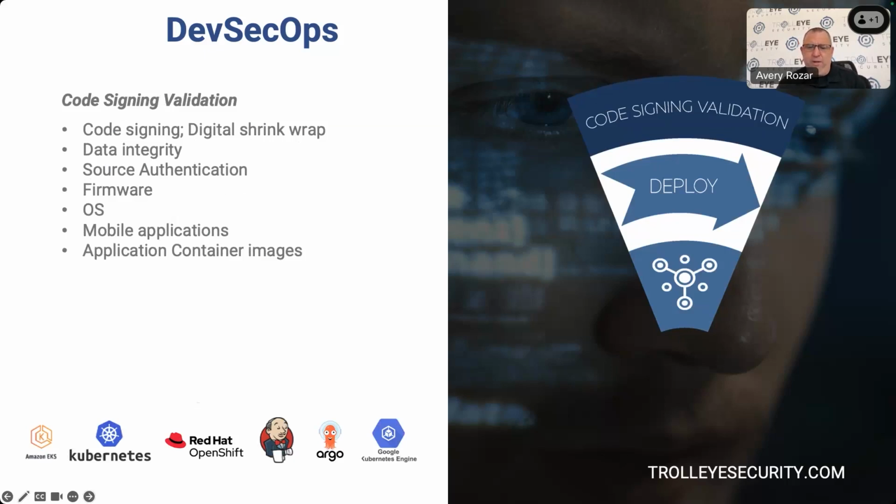This creates a chain of trust, helping establish ownership and accountability. Trusted application stores like iOS and Google Play Store require code signing for any software to be distributed on their platform.